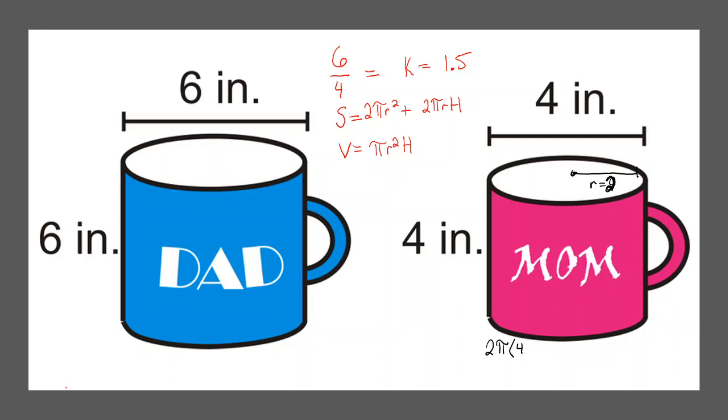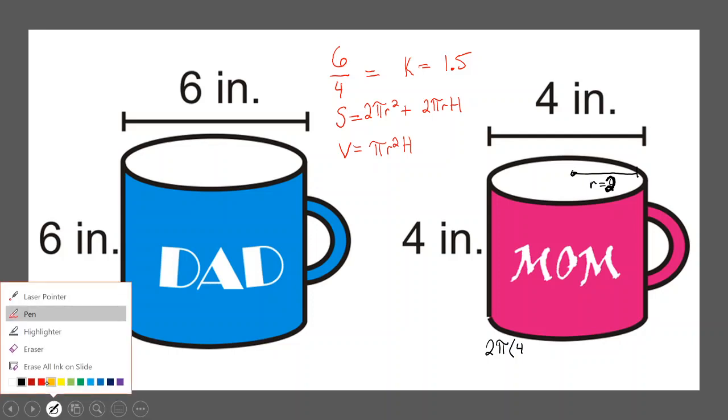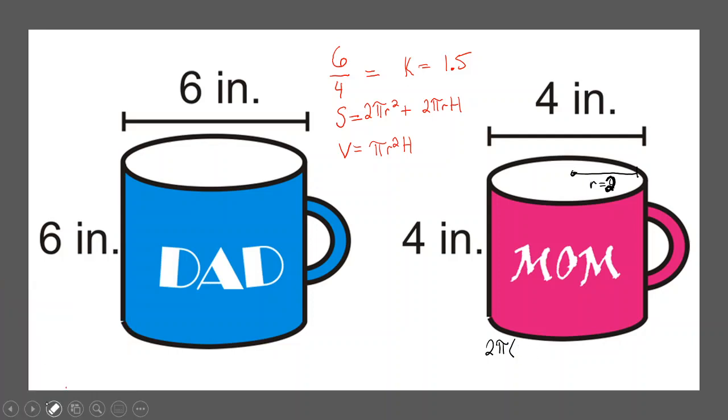Glad I caught that early on because I made a mistake similar to that earlier. Today's lesson. Don't want to make that again. So 2 pi r squared plus 2 times pi times r, which is 2, times the height, which is 4. That'll give us our surface area.